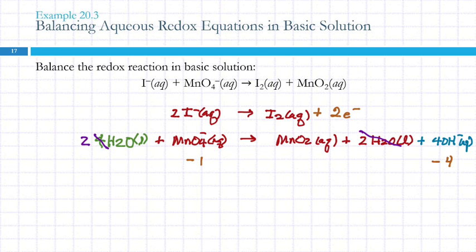So what do I need to do? How many electrons do I need? 3. Because adding those 3 electrons, 3 negative charges, and this -1 matches the other side. Any questions about that?